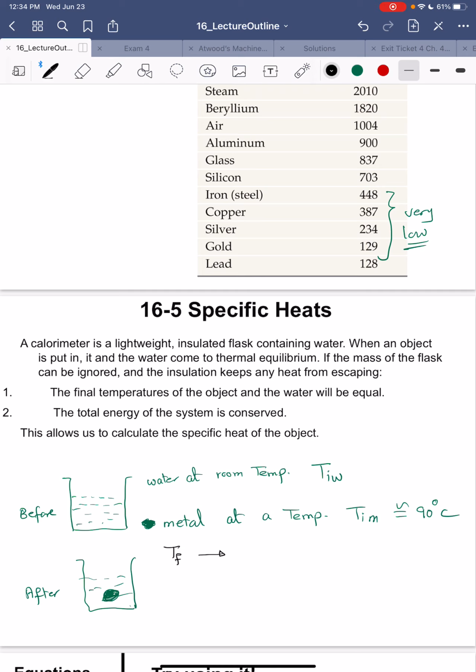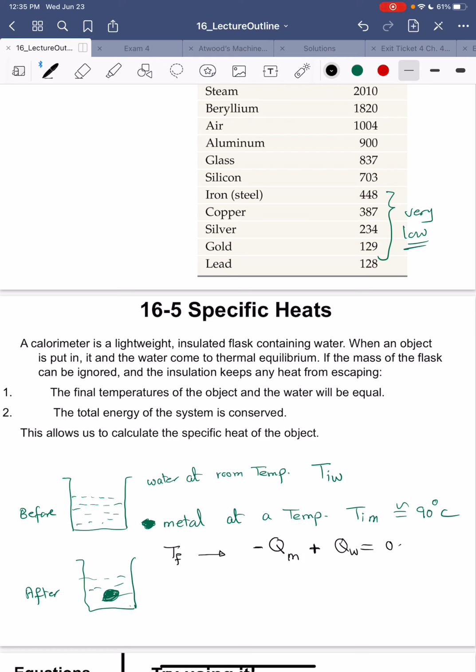Now I can say that the Q lost by the metal, and because it is lost I will give it a negative, plus the one for the water is going to be 0.